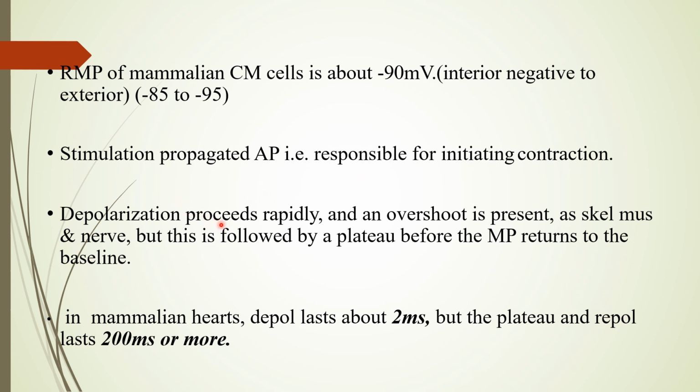Depolarization proceeds rapidly and an overshoot is present as in skeletal muscle and nerve, but this is followed by a plateau phase before the resting membrane potential returns to baseline. In mammalian hearts, depolarization lasts about 2 milliseconds, but the plateau and repolarization phase lasts 200 milliseconds or more.